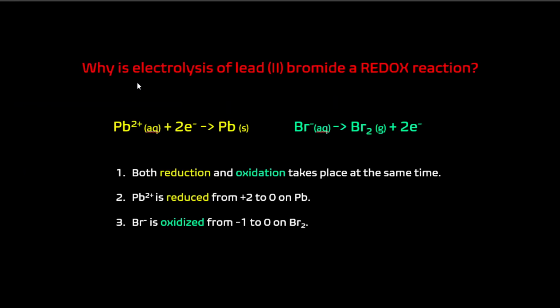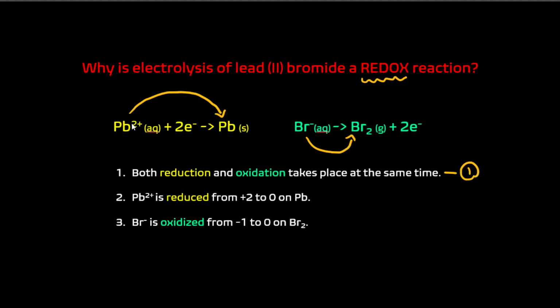Now, why is electrolysis of lead-2 bromide a redox reaction? This is also a very commonly asked question. Why is this equation a redox reaction? So you can see here that both reduction and oxidation are taking place at the same time. So from here, you can score 1 mark.